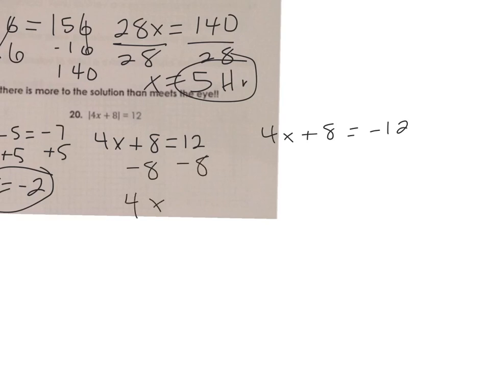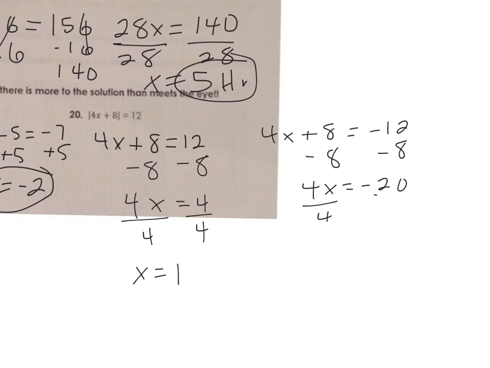I get 4 times something equals 12 minus 8 is 4. Divide both sides by 4. I get x equals 1. The second part of number 20, I would minus 8 from both sides. That gives me 4x is equal to negative 20. Divide both sides by 4. That gives me x is equal to negative 5. So my answers are 1 and negative 5.